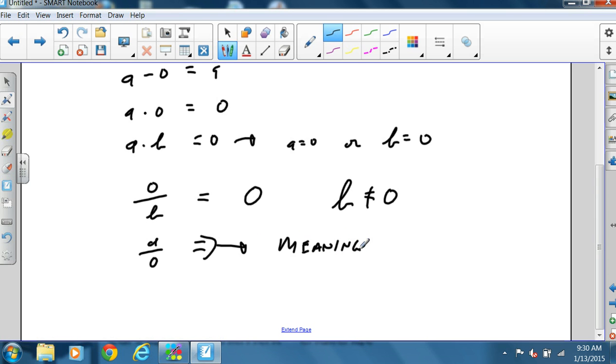Other people would say something other than that, because A cannot be 0. And if I have 0 divided by 0, then that's not determined, indeterminate.